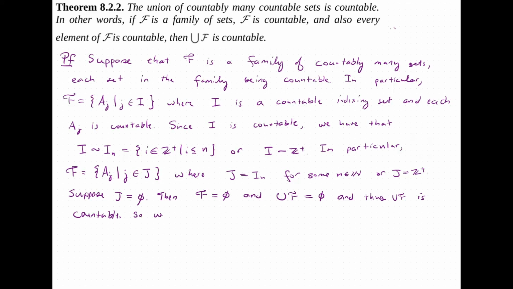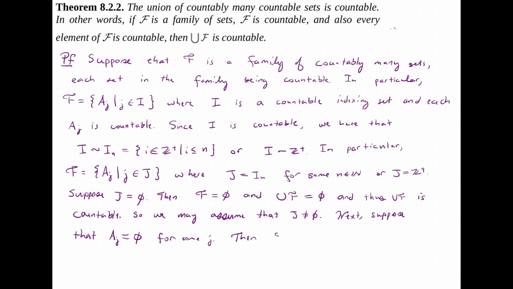So we may assume that J is not equal to the empty set. While we are on the case of the empty set, let us consider what happens when one of these A sub j's is equal to the empty set. So next, suppose that A sub j is equal to the empty set for some j.